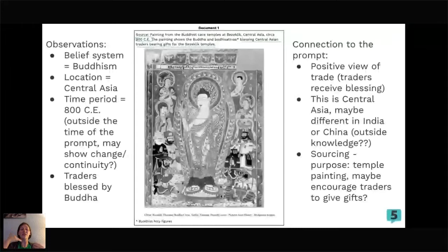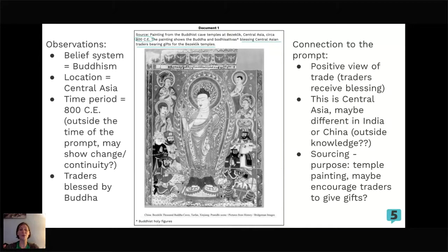So we could say maybe that it's biased towards Buddhism because it's probably a Buddhist painting. It's certainly in a Buddhist temple, but it's probably more helpful to say that this painting is trying to encourage other merchants, other traders, other travelers who come to visit the temple to be like the merchants in the painting, to give their gifts in order to receive the same favor that the painting is depicting.